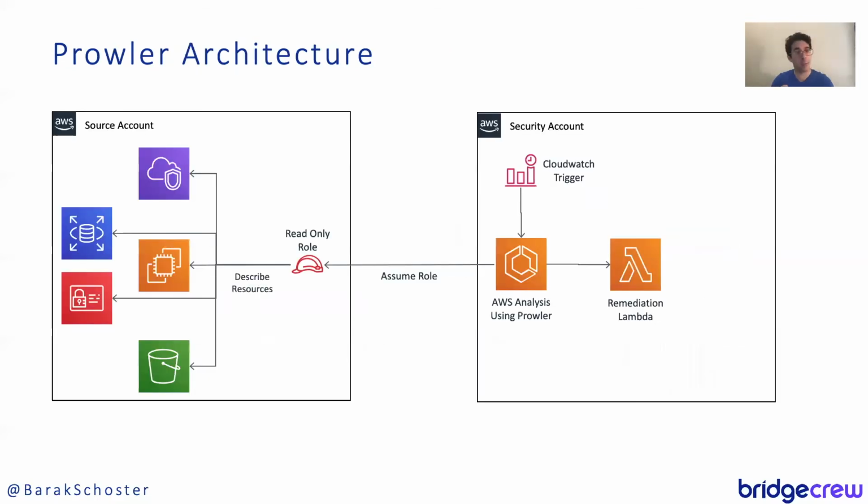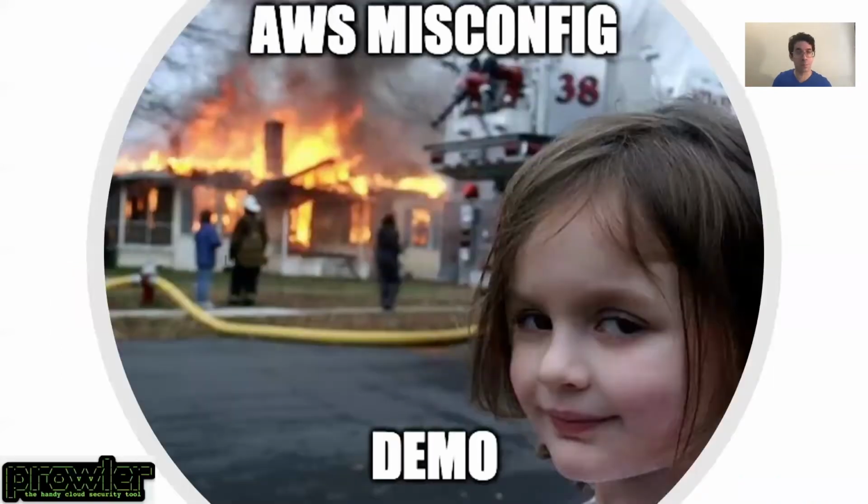The way to set up Prowler in a large-scale environment would be to install it on an ECS cluster with a scheduled trigger and use a cross-account role to query the different databases, IAM policies, compute instances, and S3 buckets, and return the results into a remediation Lambda that will take an action on this specific resource.